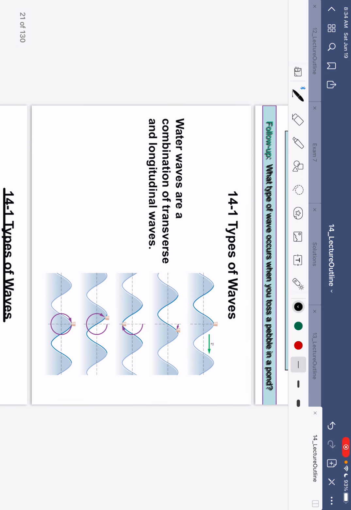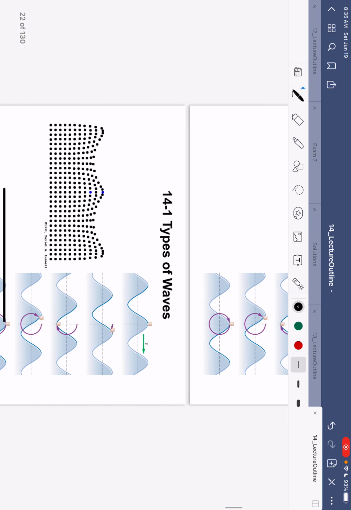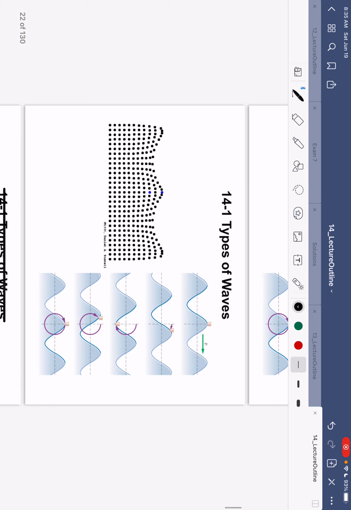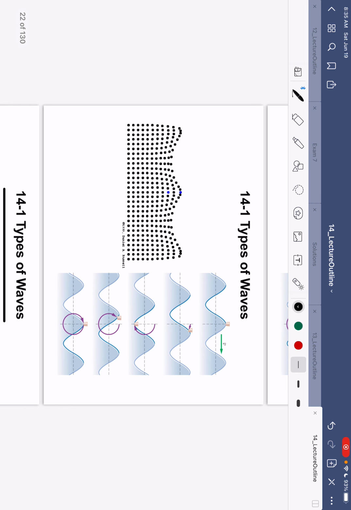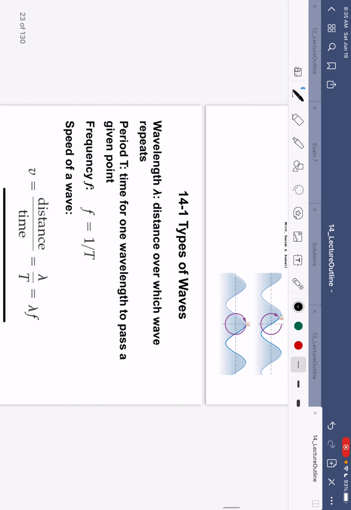Examples of transverse waves include the slinky and strings. Sound waves are longitudinal. Water waves are really a combination of transverse and longitudinal waves, so sometimes we will not be able to strictly classify them.